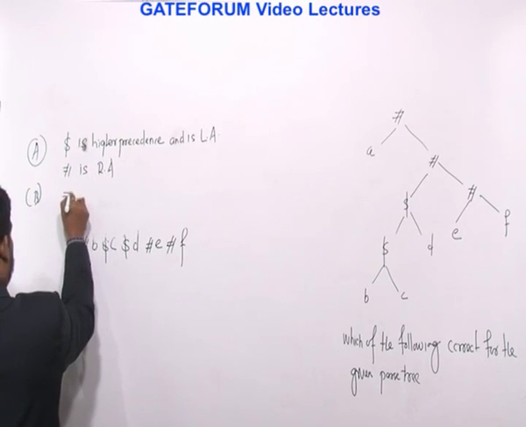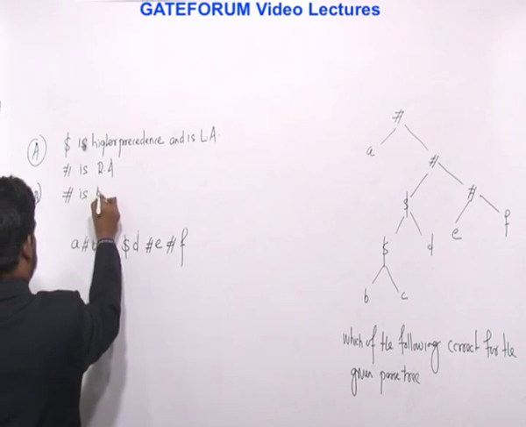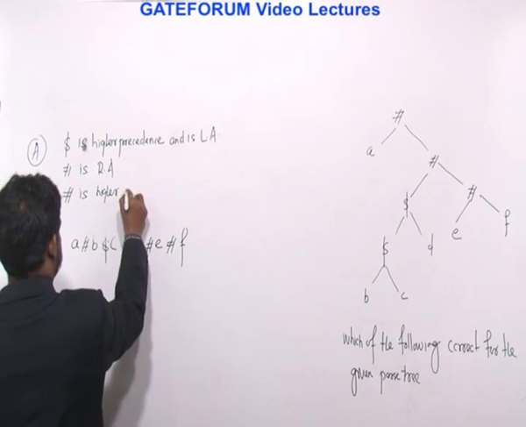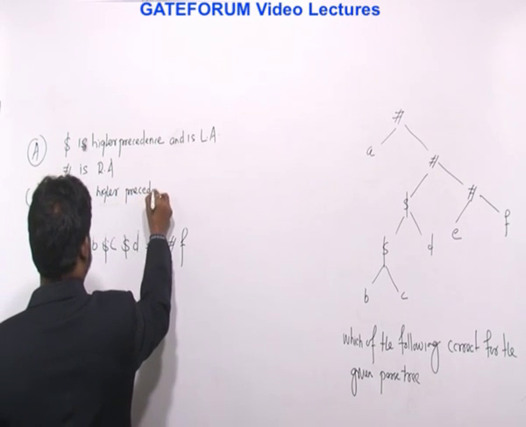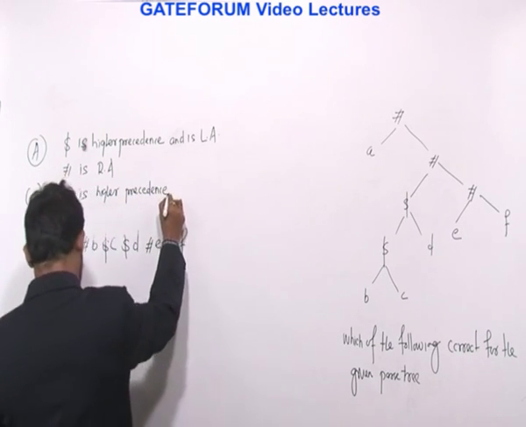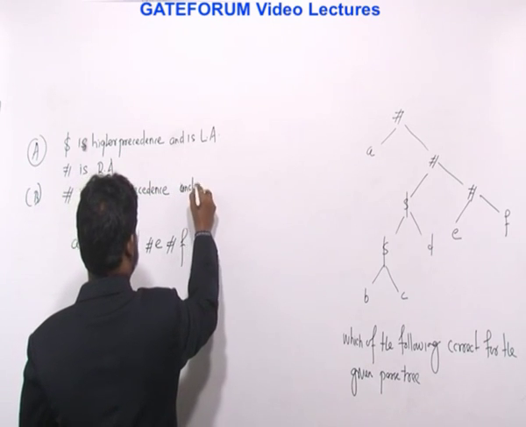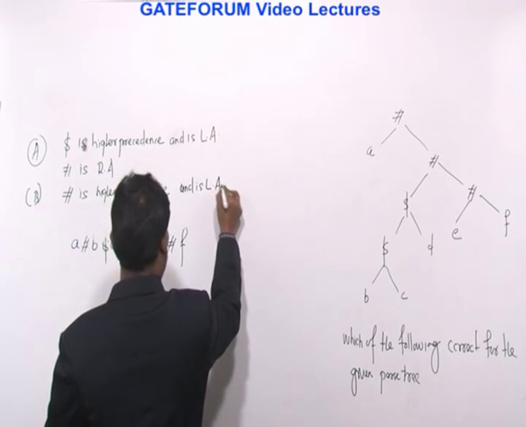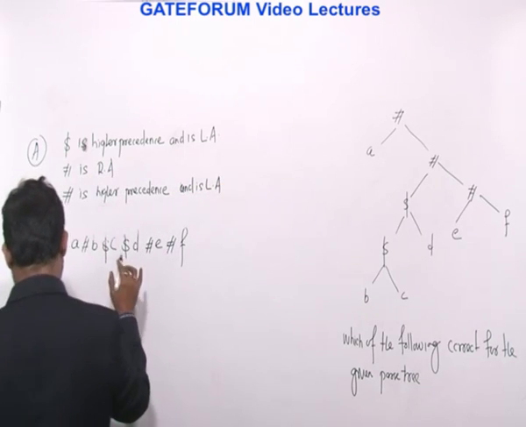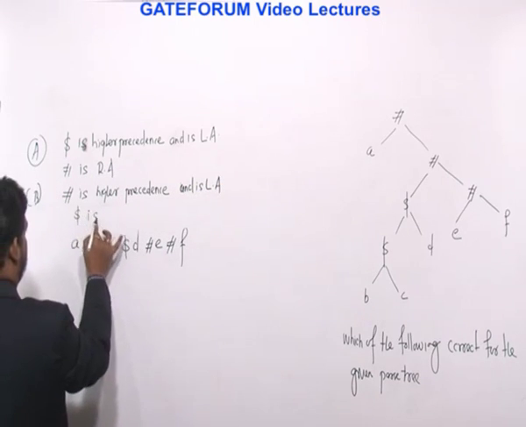Option B: hash is higher precedence and is left associative, and dollar is right associative.